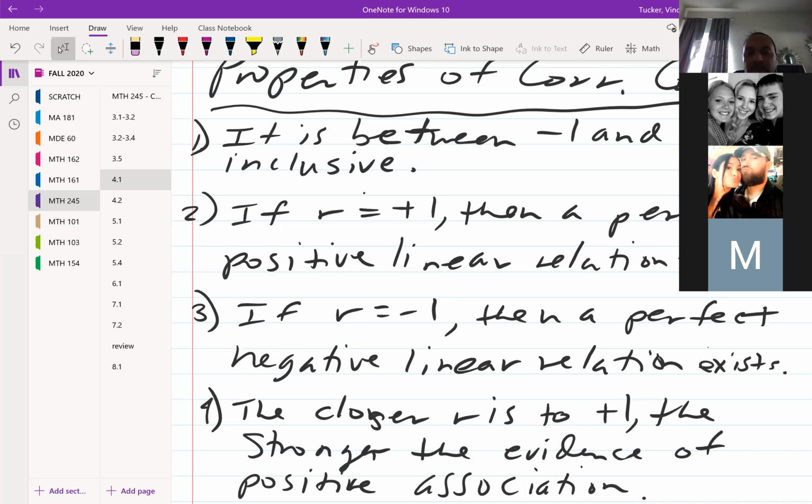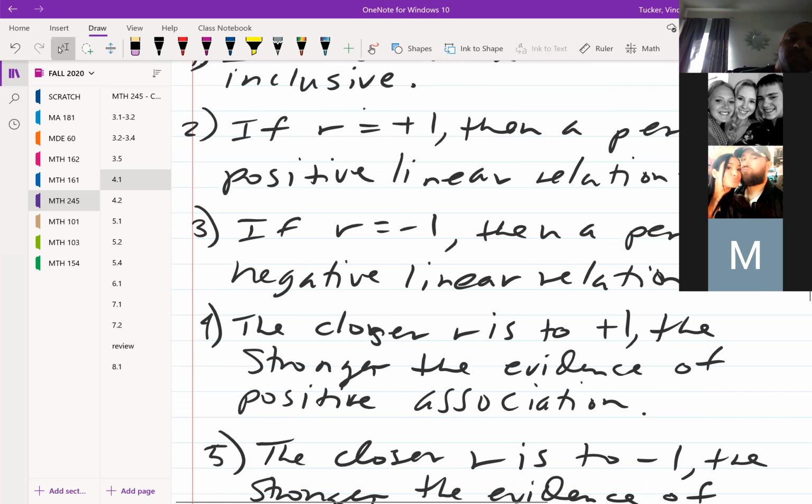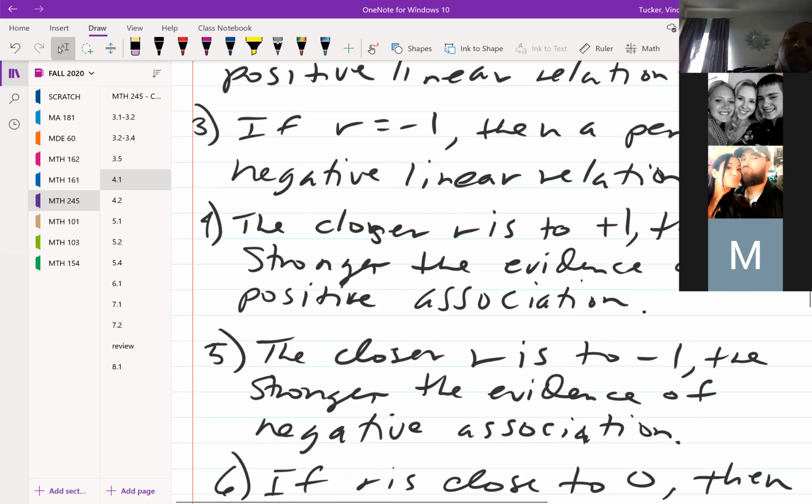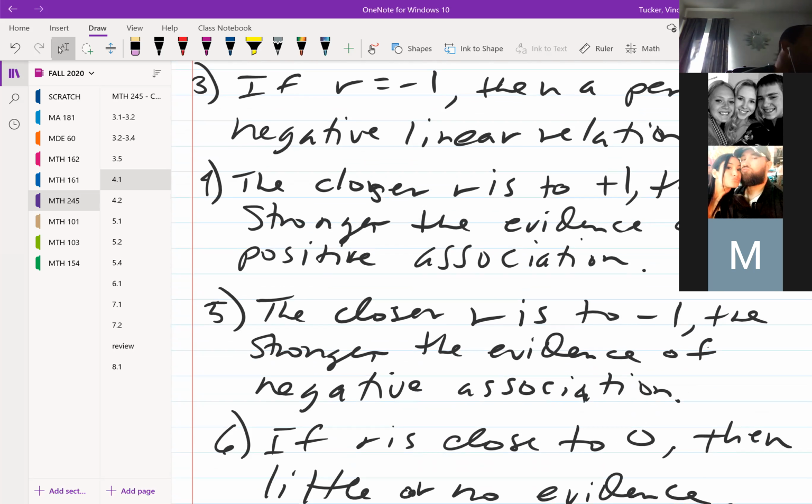The closer R is to +1, the stronger the evidence of a positive association. The closer R is to -1, the stronger the evidence of a negative association.